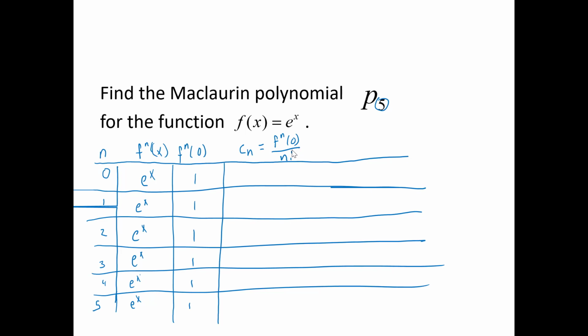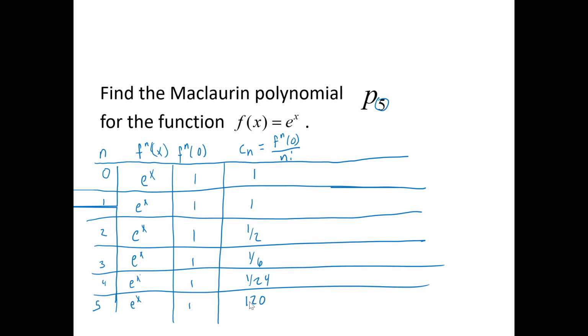And so then 0 factorial is 1, so here you get 1. 1 factorial is 1, so here you also get 1. 2 factorial is 2, so here you get 1/2. 3 factorial is 6, so here you get 1/6. 4 factorial is 24, so here you get 1/24. And then 5 factorial is 120.